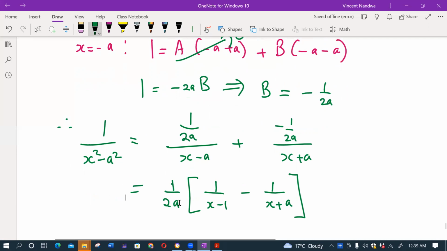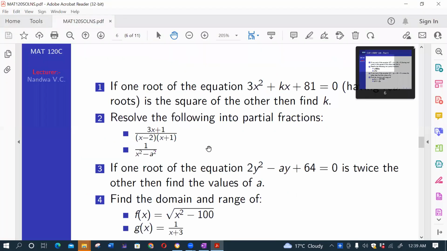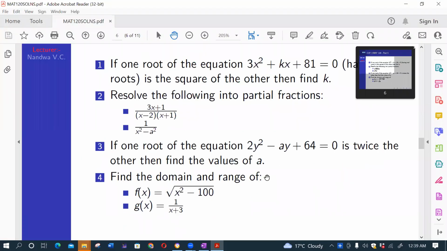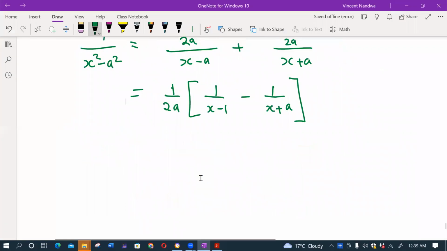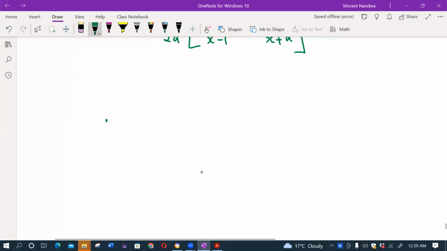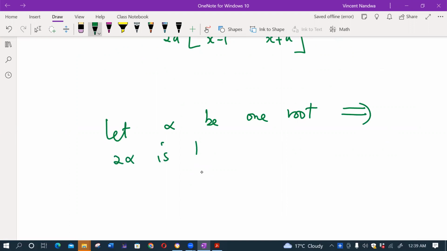Then the next question: if one root of the equation 2y squared minus ay plus 64 equals 0 is twice the other, then find the value of a. So let alpha be one root, which means 2 alpha is the other root.